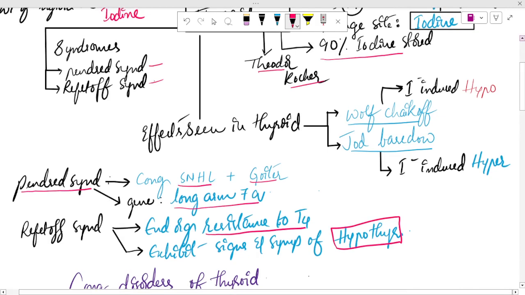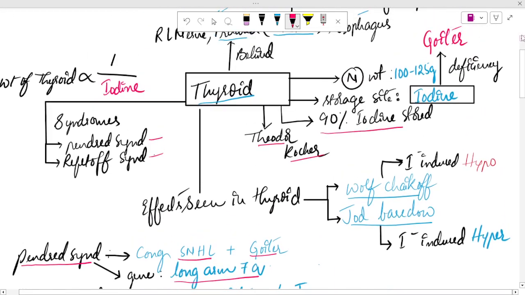Now, there are two effects that are very important for the NEET PG examination. You will be getting some questions from these effect definitions. What are the two effects seen related to the thyroid? One is the Wolff-Chaikoff effect and another is the Jod-Basedow effect. Wolff-Chaikoff effect means the condition where iodine induces hypothyroidism.